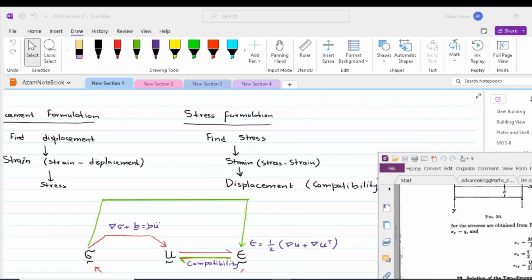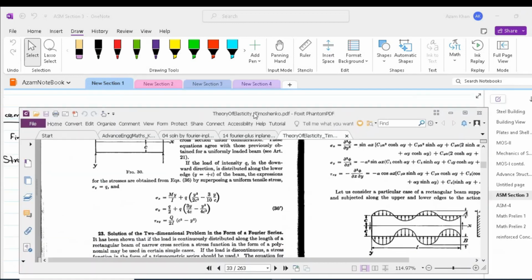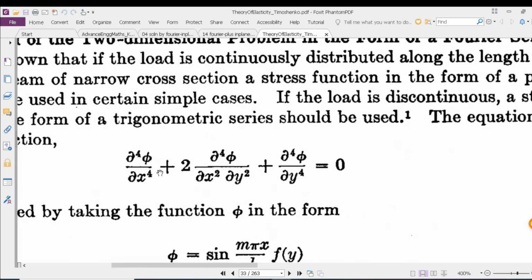Let us see how the stress functions can be derived in terms of trigonometric functions. So this is our compatibility equation written in terms of x and y. It is partial 4 phi by partial x4 plus 2 times partial 4 phi by partial x square partial y square plus partial 4 phi by partial y4 equal to 0. This equation is considering that body forces are 0.